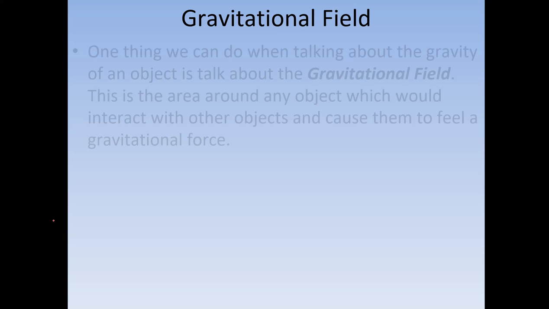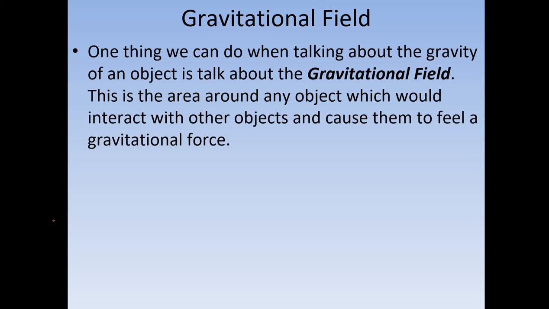There's one last thing that I want to talk about, which is what's called a gravitational field. This is just a question that you have to be able to recognize. So it's a very basic multiple choice question. They say, hey, what does the gravitational field look like? And you just got to pick it. So I'm going to breeze through this quickly.